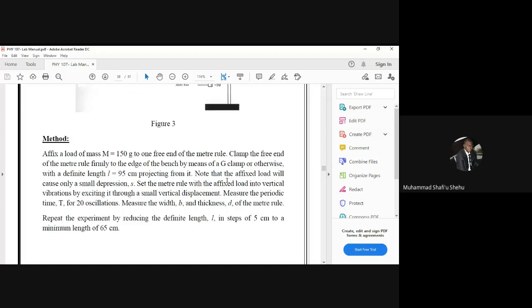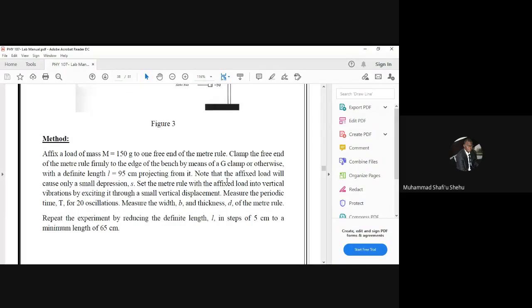If after doing so, we have checked the elasticity and the meter rule still remains at the same position, then it means our meter rule is still elastic 100% even at 95 centimeter. So we're going to take the next reading by eliminating another 5 cm. From 95, if you remove another 5, it is going to be 90. The remaining part that is going to be displaced is going to be 90 cm.